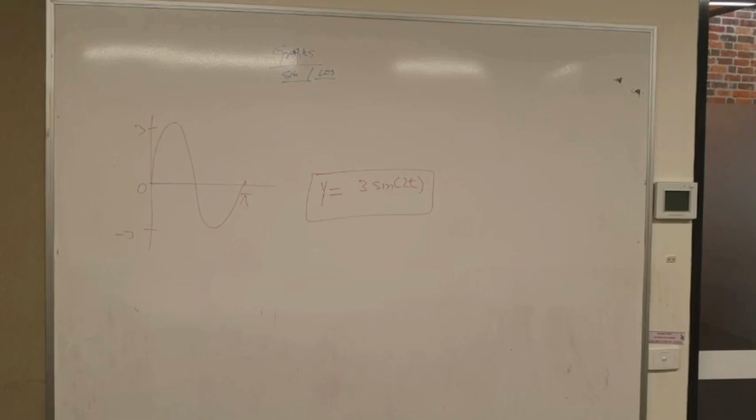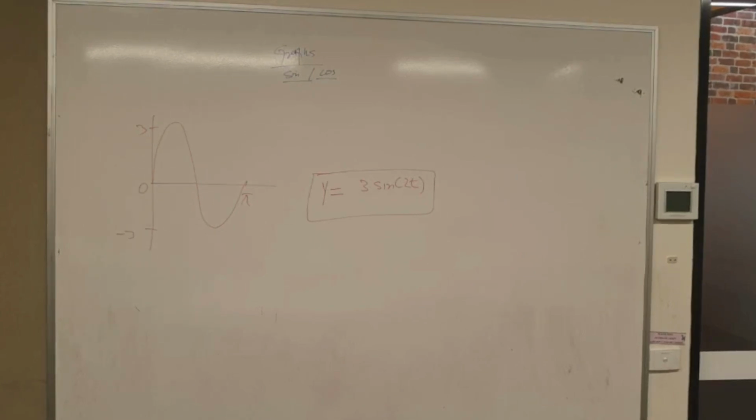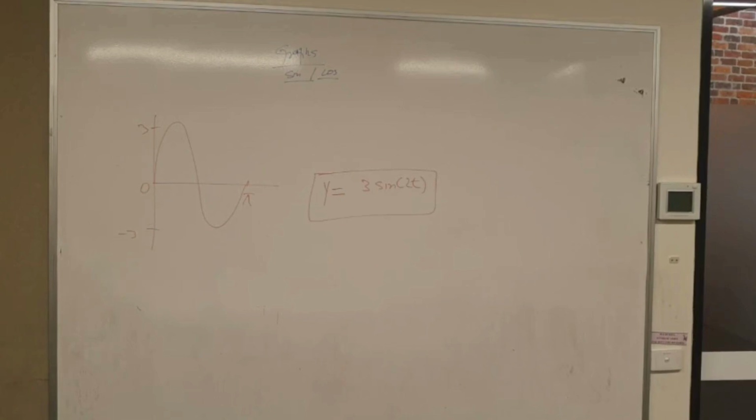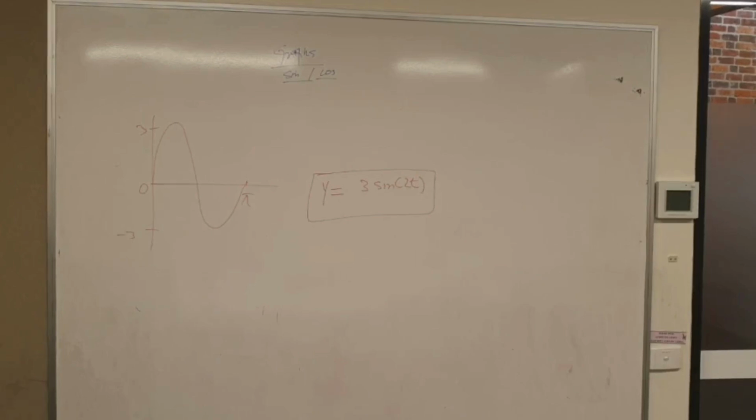Whenever you are graphing, first thing that you need to do is calculate your period, calculate your amplitude, and then draw the graph. Look at the graph, sine or cos, and just do a cycle.